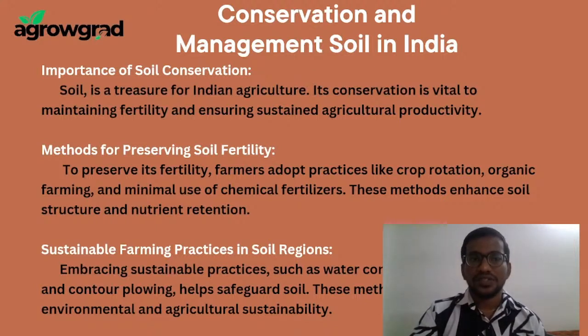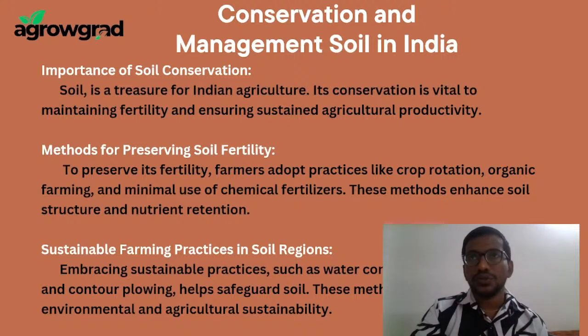Its conservation is better for maintaining fertility and ensuring sustained agricultural productivity. To preserve its fertility, farmers adopt practices like crop rotation, organic farming, and minimal use of chemical fertilizer. This method enhances soil structure and nutrient retention. Crop rotation means that rather than focusing on one crop, we can grow many different crops, and rather than using inorganic chemicals, we can focus on organic farming.